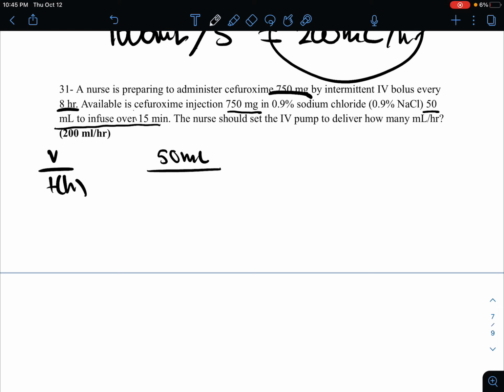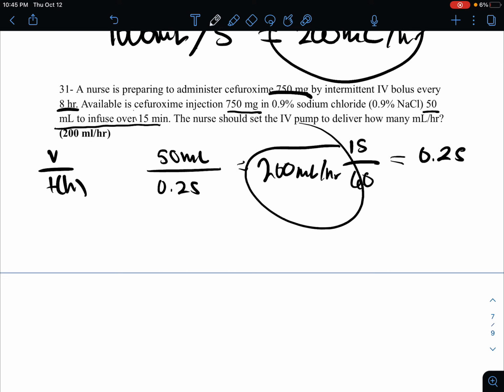Remember, there's 60 minutes in an hour. So 15 over 60 gives us the fraction form of 15 minutes, and that's 0.25. So it's a quarter of an hour. So 50 divided by 0.25 equals 200 milliliters an hour. And that's your answer for that one.